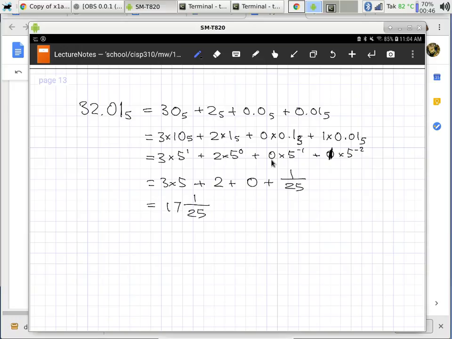This is a fraction. Yeah. It's 17 and 1 over 25. Last I checked, this is how we express fractions. Am I mistaken? Okay.